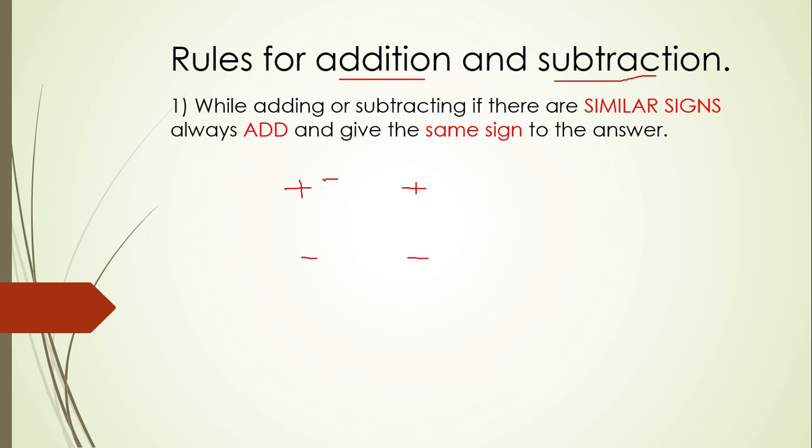For example, plus 5 plus 6 is equal to 11. So we add. I added 5 and 6 and gave the same sign, this plus sign, to the answer. Now suppose I have minus 3 minus 4, both are similar signs, minus minus.